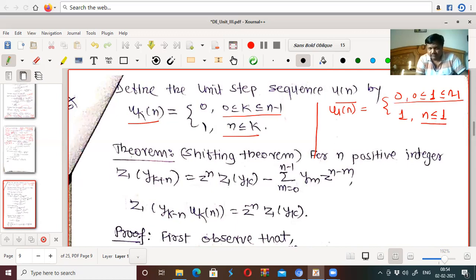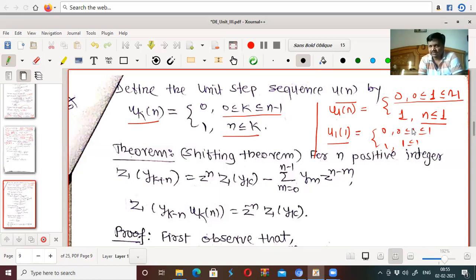What will happen for u1 of 1? By putting n equal to 1, it is 0 when 0 less than or equal to 1 less than or equal to 1, and 1 when 1 less than or equal to 1. So u1 of 1 is 1. Otherwise, it is 0.